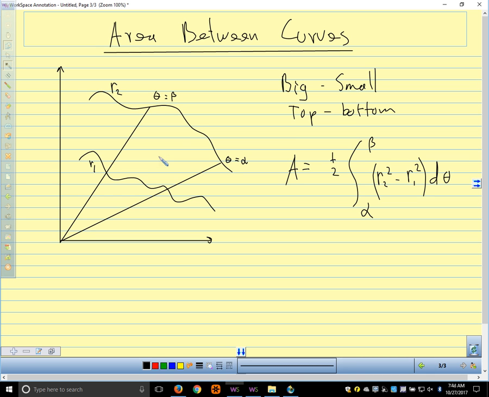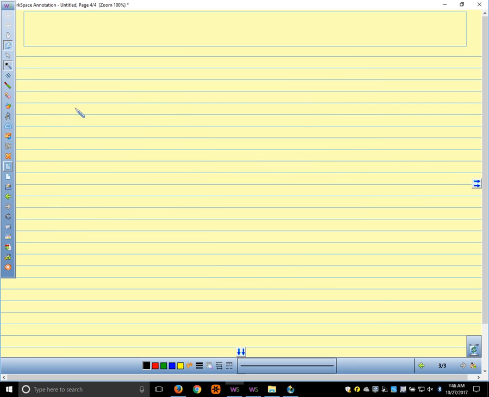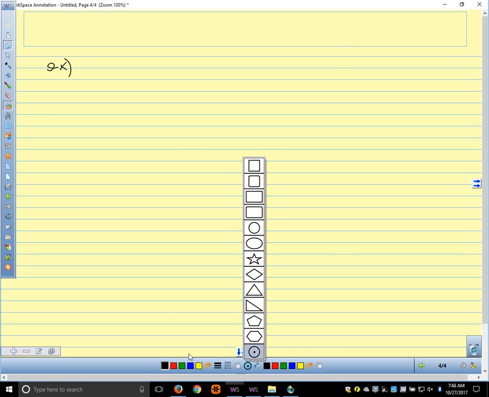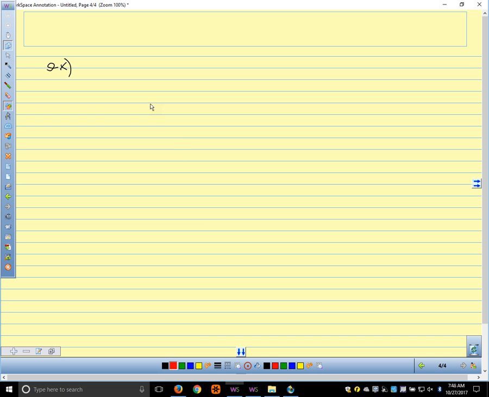But I'm going to say be careful, because sometimes finding the area enclosed by two polar curves is not as easy as top minus bottom. So let's look at an example of where that happens. I'm going to do these in 2 different colors. I'm going to start with a circle. There's my circle, I'll do the circle in red.